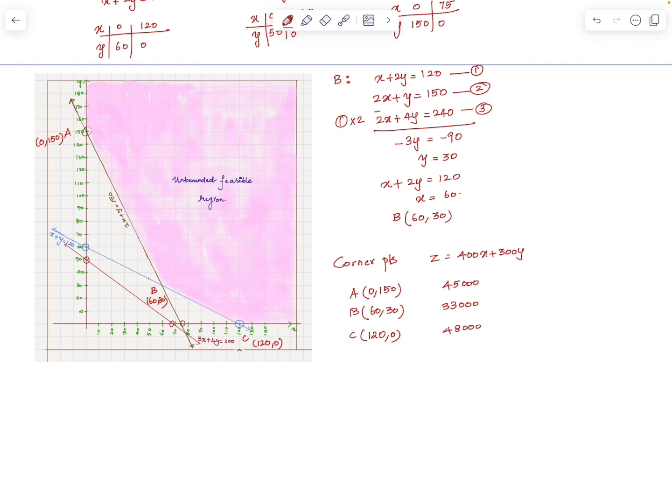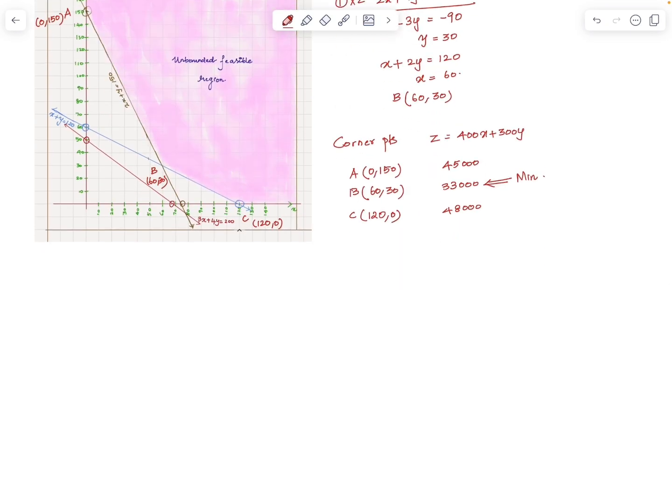So our objective is to minimize the cost. So we choose 33,000, which means Z is minimum at 60, 30. Since we have got an unbounded feasible region, we have to check whether this minimum that we have achieved is a real minimum or not.